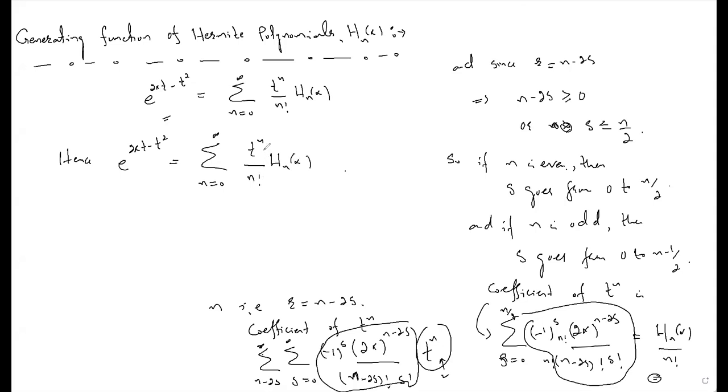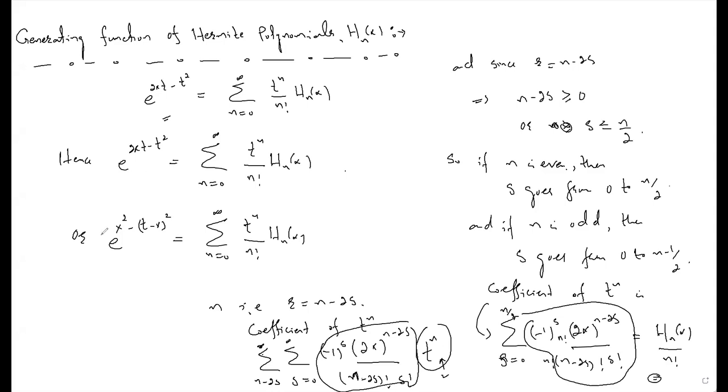And the coefficients of this t raised to power n are called Hermite polynomials. Or I can also write this as e raised to power x square minus t minus x whole square. Sometimes I can also write the generating function like this: again summation n running from 0 to infinity t raised to power n by n factorial h n of x.